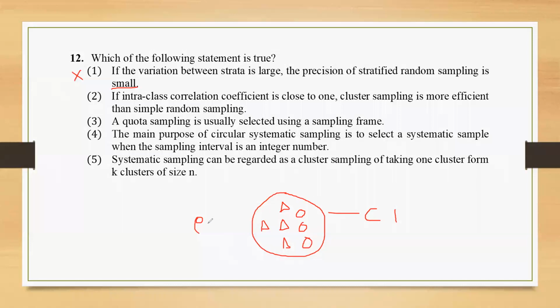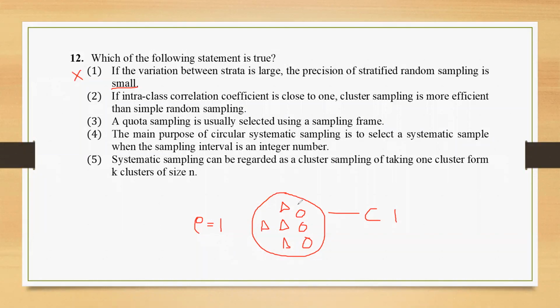And if it is equal to 1, what does it imply? Normally we know if the correlation coefficient is equal to 1, it implies a perfect positive correlation. It means all items behave in the same manner. So it is actually inverse to the variation.